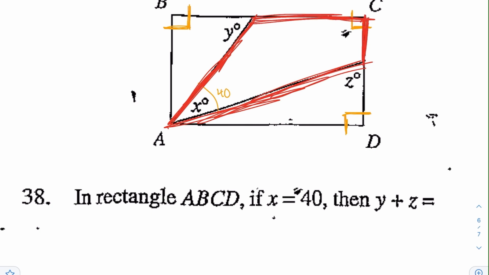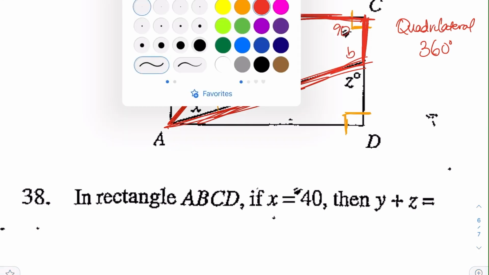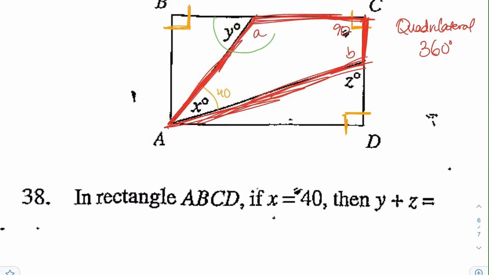For this quadrilateral, you must have 360 degrees as a total. Now I don't know what this angle is, I can call it A, and this angle I don't know what it is, I can call it B. Just a right angle here. Now the two things you can do is that A plus Y has to be a straight line, so that's 180 degrees. And so is B plus Z.